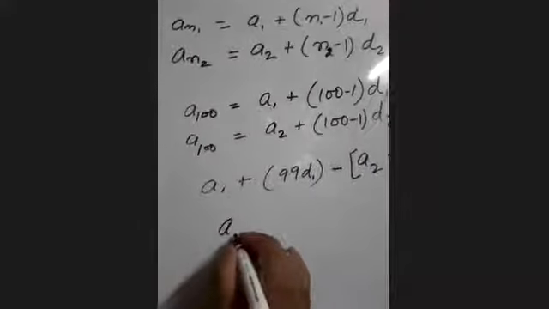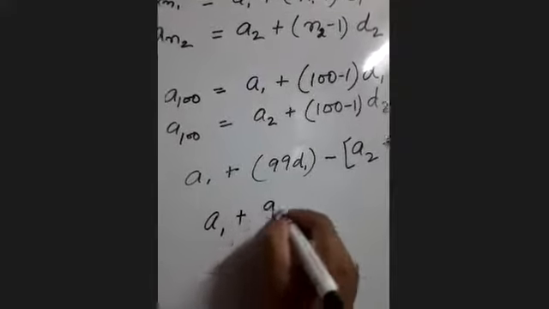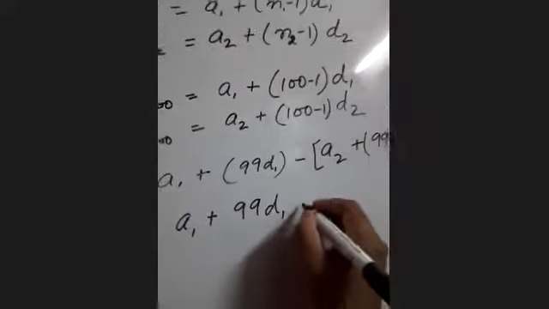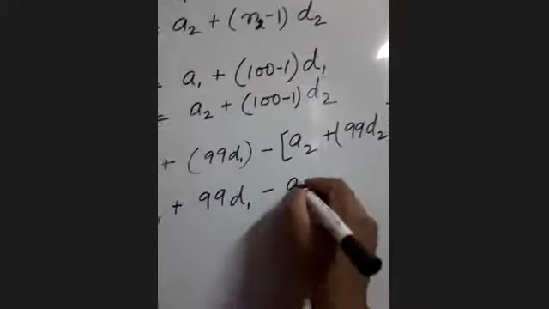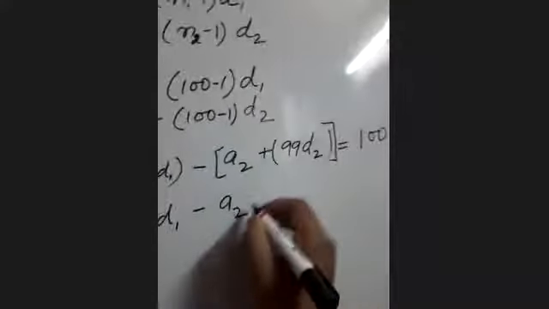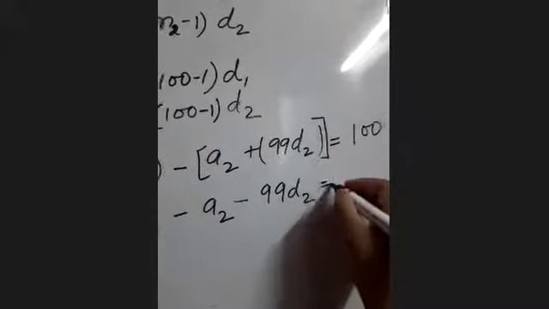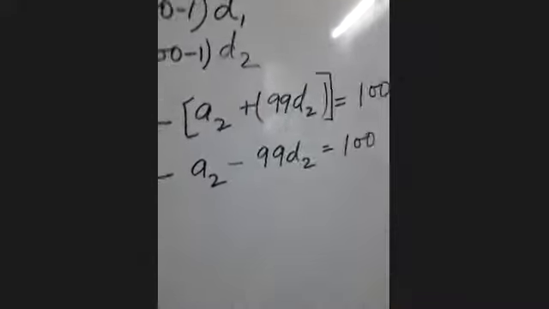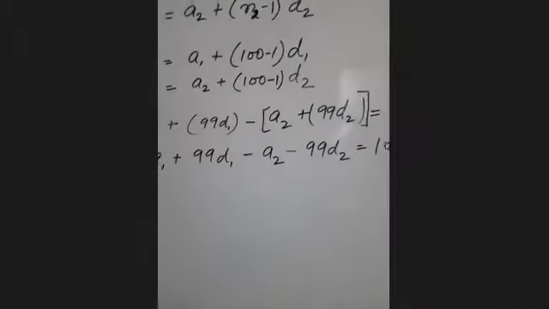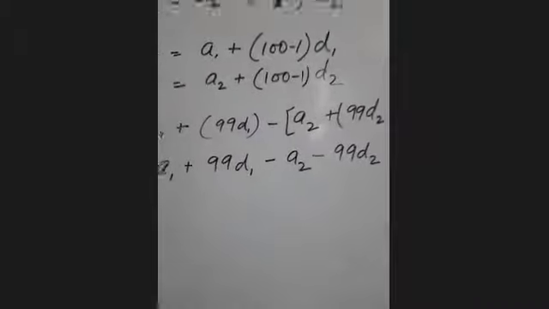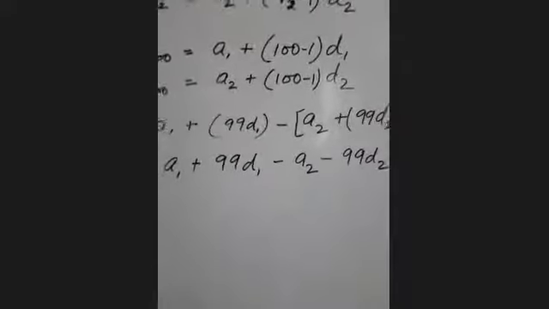Now opening up the second bracket, that's a1 plus 99d1 minus a2 minus 99d2 equals 100. This is what we have been given. Now if we go back to the question, it says the common difference is the same. So when the common difference is the same, d of both the APs is also the same.